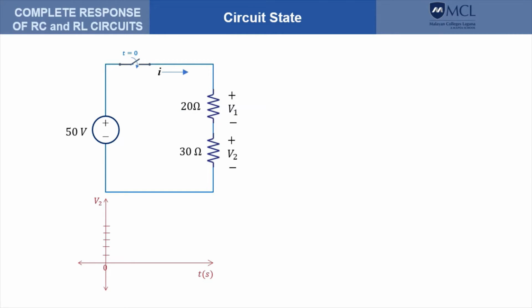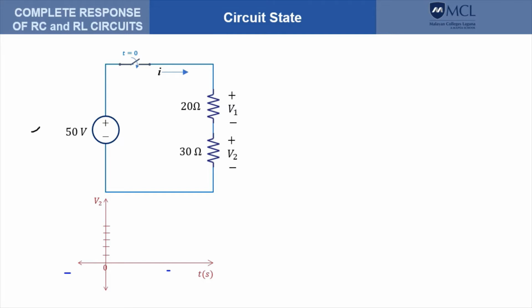Let's say I want to plot the magnitude of the voltage at any given time. Take note that this circuit has its switch closed at time t equals 0. So the time before 0 has a negative value on the left side and positive on the right side.